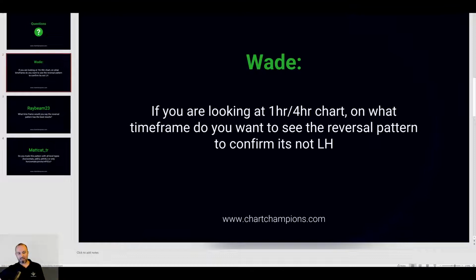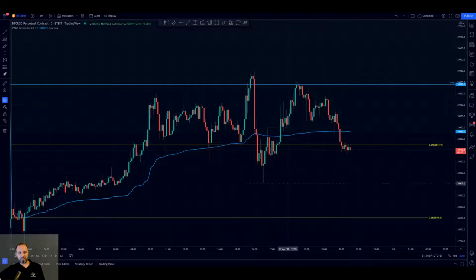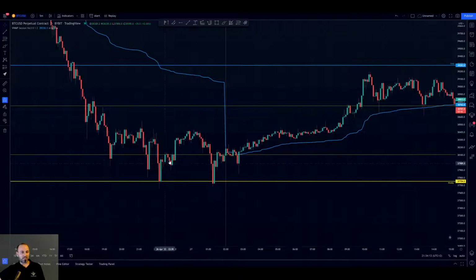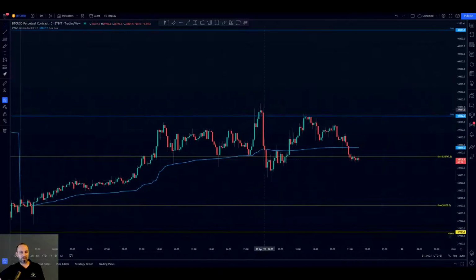In this kind of situation, you want to see the pattern happening locally, like here, this retest. So locally talking, like here or here.